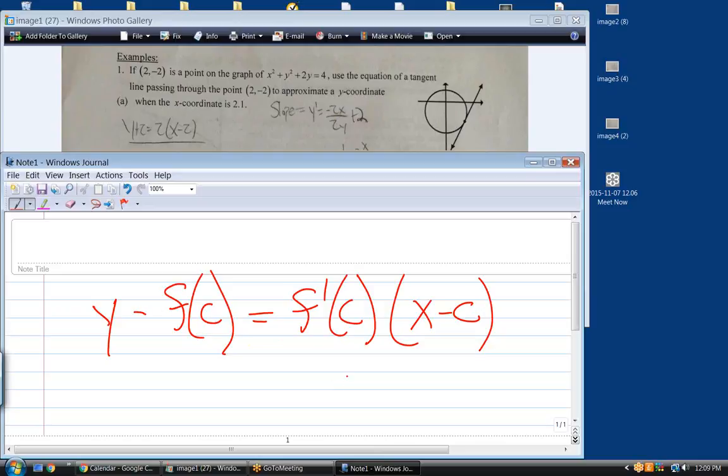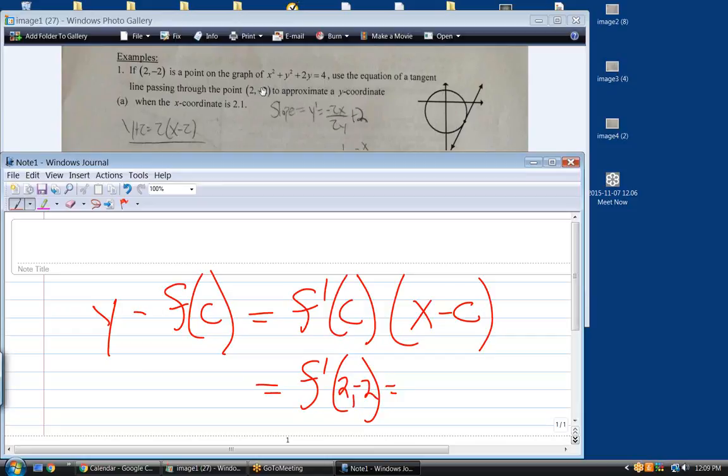Let's see, f prime of 2 comma minus 2. Let me do it that way. In other words, my f prime in this case is a function of both x and y. So I want to write it like that. So it's f prime at that particular point.